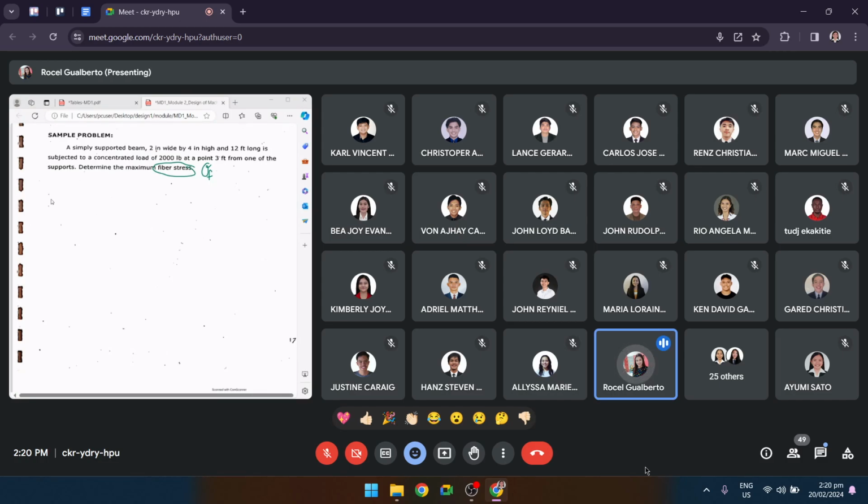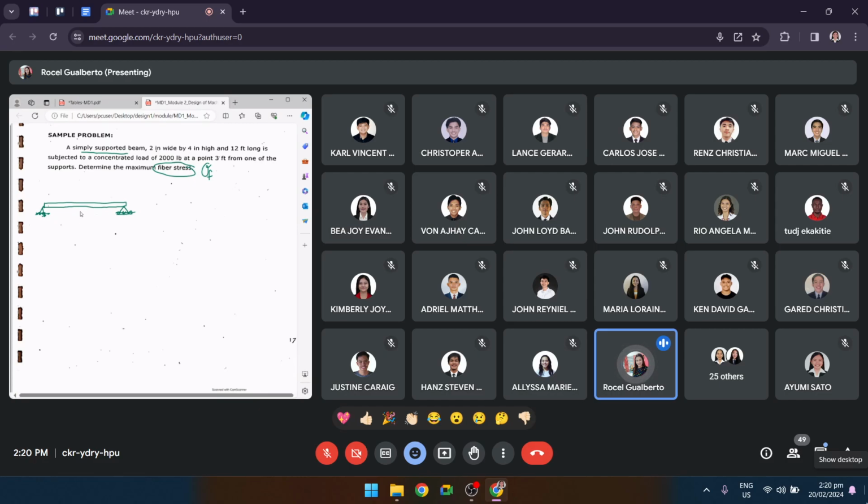So, let us have first a simply supported beam. Meaning, yung ating supports are on both ends. So, I have here a hinge, the roller on the other side. Now, a concentrated load of 2,000 pounds is applied.